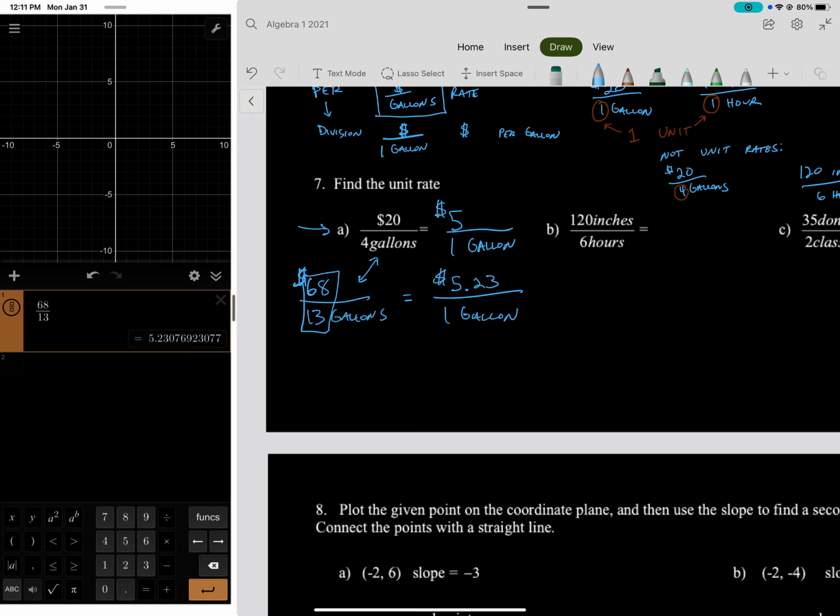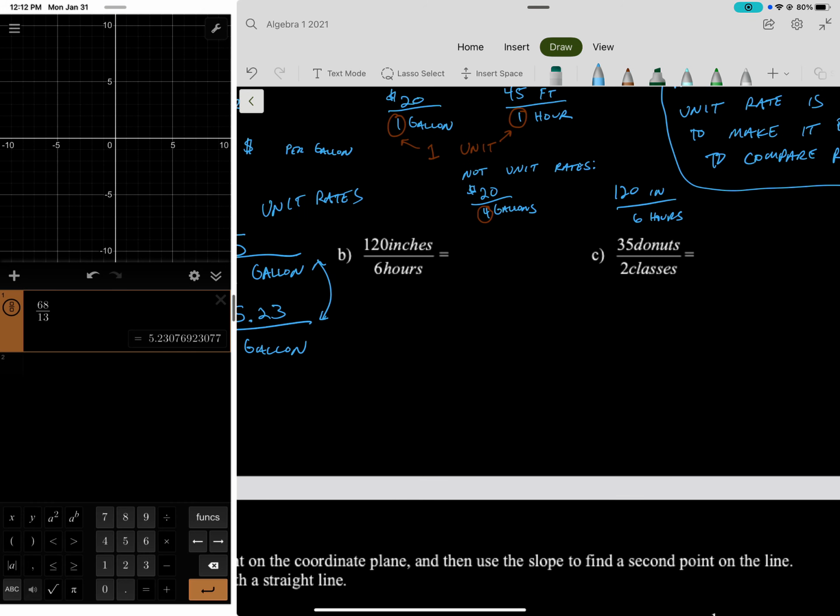It might not have been obvious at first, but the place where it was $20 for 4 gallons ends up being cheaper, because once I make them into unit rates, these both are unit rates, I can compare them. I can just compare the numerators now and see which one was smaller. So the $5 per gallon is smaller, so I'm going to go to that gas station. It's cheaper.